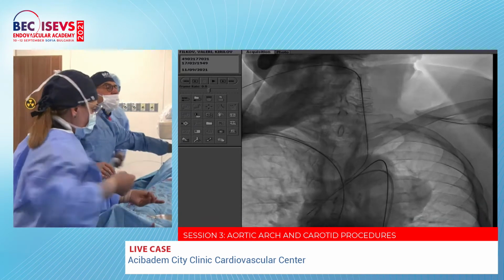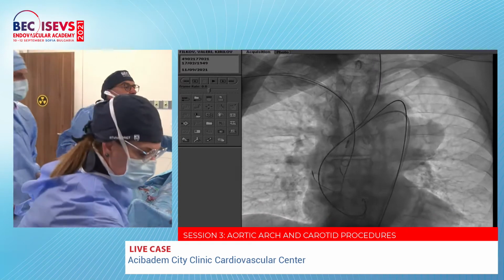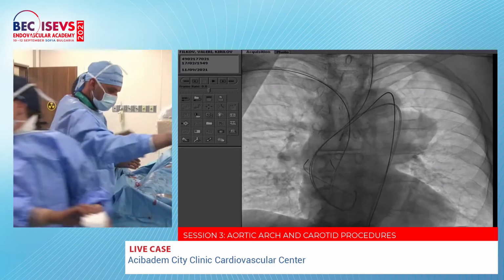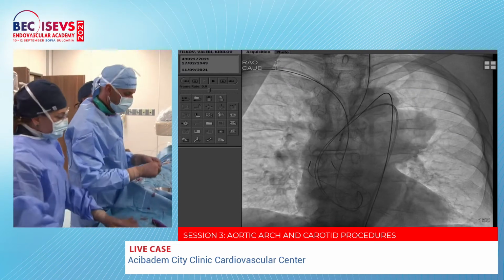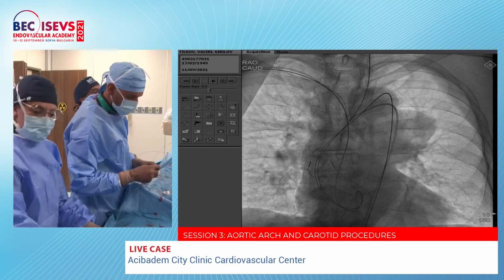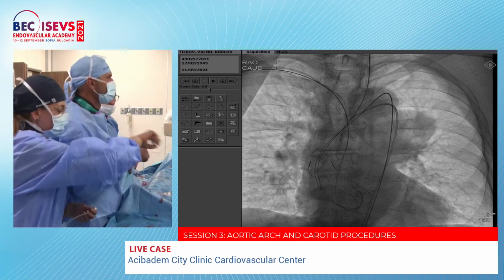You see the wire is going again, okay, and making a loop on the aortic valve. So we have two wires that are looped over the aortic valve, and they will, in fact, accommodate the two chimneys.